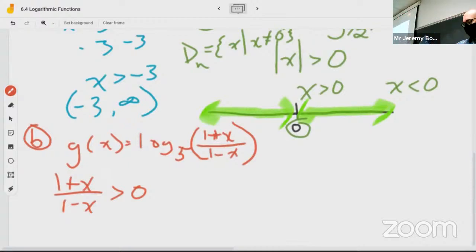We have a fraction here. What will make that fraction positive? I'll give you one. It can either be positive over positive, right? That's gonna be a positive. But what else could it be?